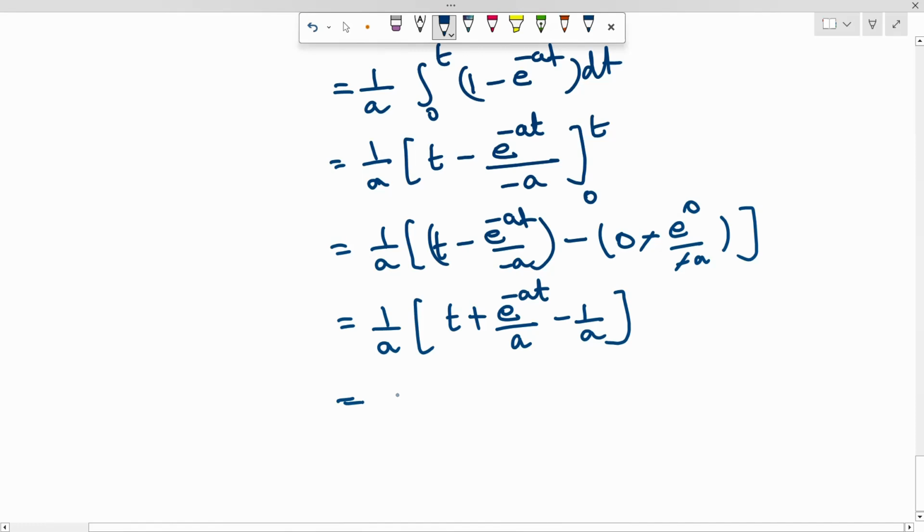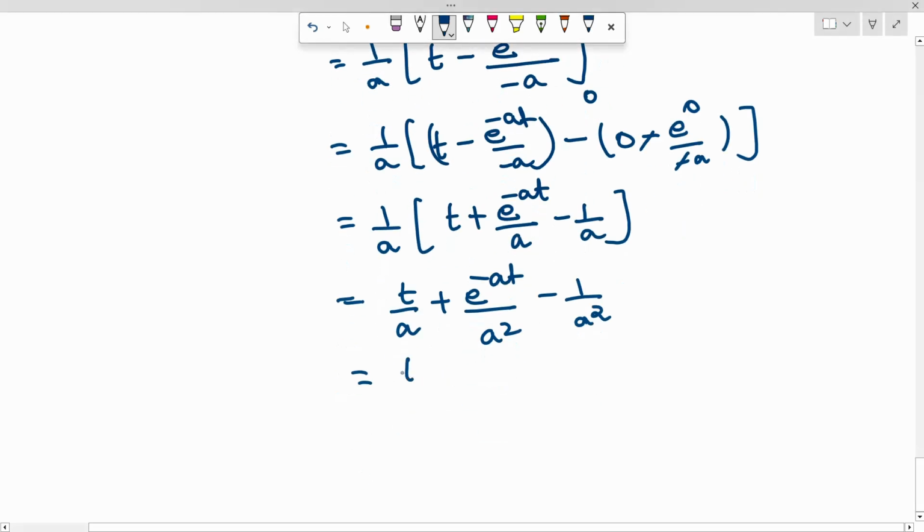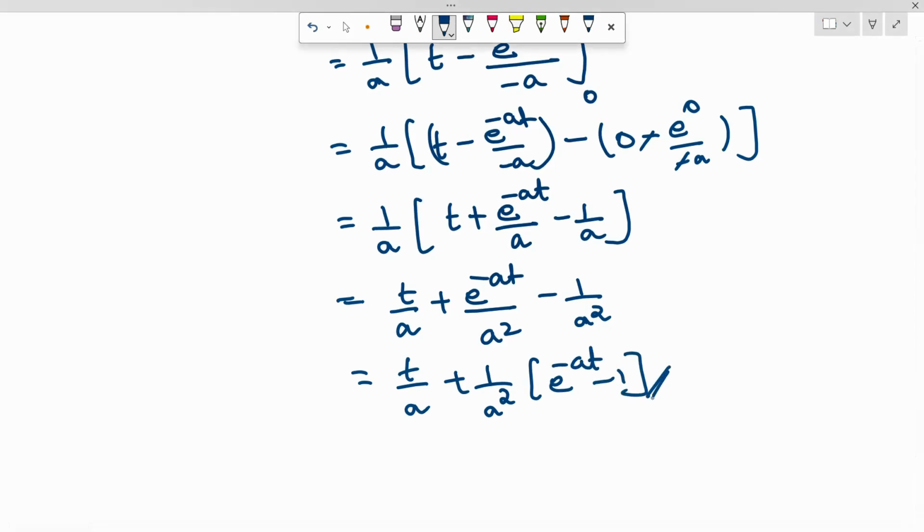This can be written as: the first term is t by a, plus e power minus at by a square, minus 1 by a square. From the second and third terms, take 1 by a square common, which gives e power minus at minus 1. That is the correct answer.